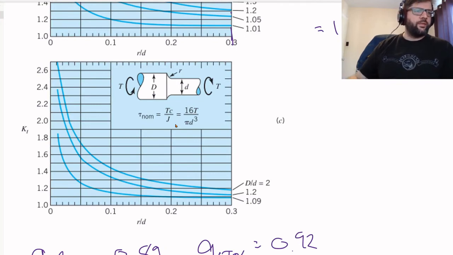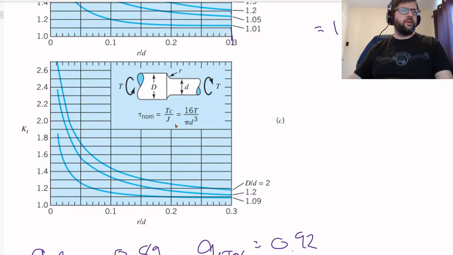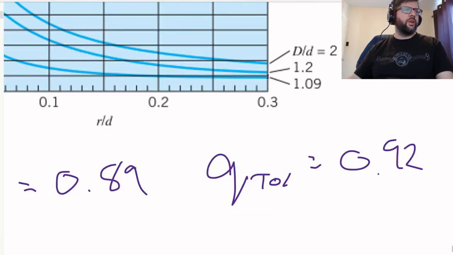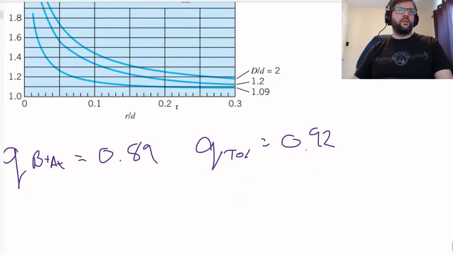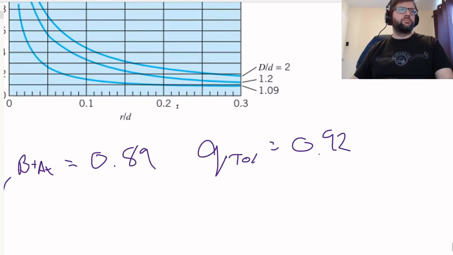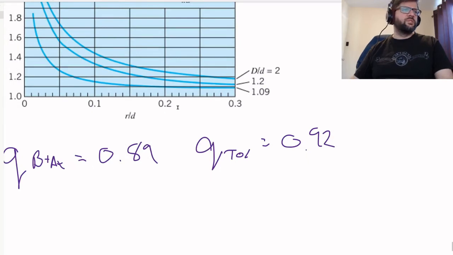Our KT here, zooming in, let's say 1.1. Yeah, it's a really tight squeeze there.